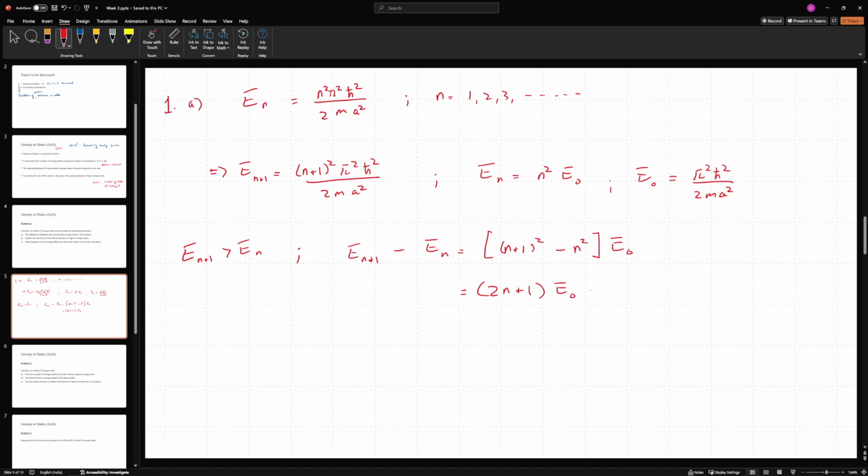All right. So this is the quantity. If I want to write the exact value, this is (2n+1) times pi squared h bar squared divided by 2 m a squared. So this is part A.